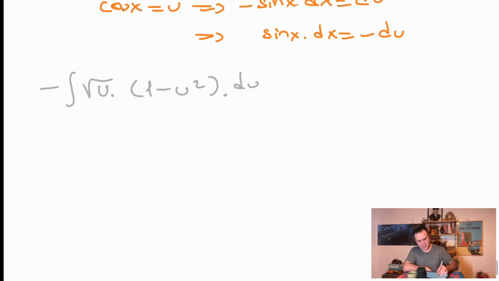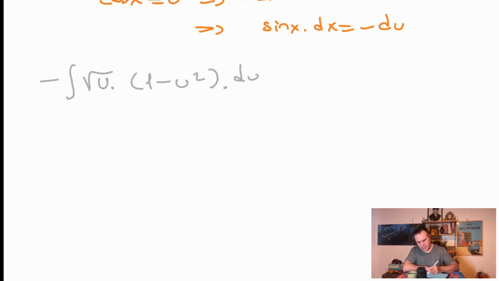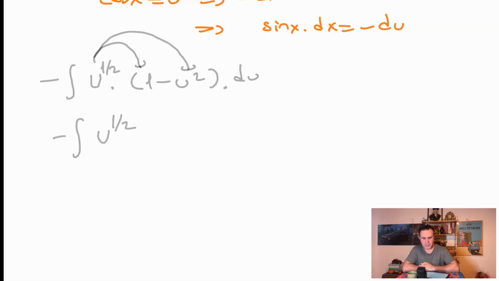Now I will write square root of u as u to the power of 1 over 2. Then the integral becomes u to the power of 1 over 2 times 1 is u to the power of 1 over 2, and we multiply u to the power of 1 over 2 by u to the power of 2, then minus u to the power of 5 over 2, times du.